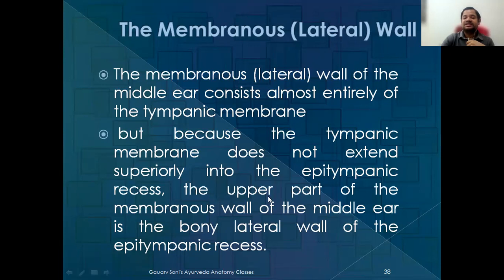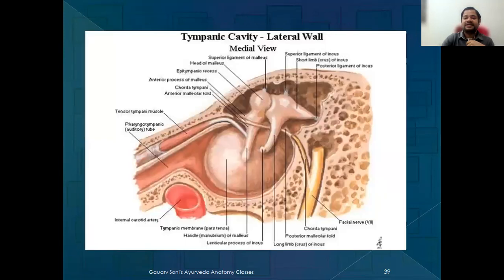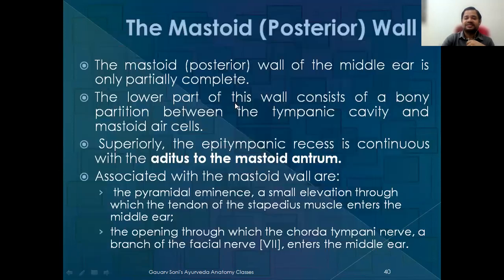Okay, so basically it is the tympanic membrane only which is present on the lateral wall, but the upper side of it is completed by the bony lateral wall of the epitympanic recess. You can see it here. This is the tympanic membrane. The other part, this part is the epitympanic recess, which is completed by the bony part. So this whole boundary will be called the lateral wall typically. So the tympanic membrane and the bony part in the epitympanic recess.